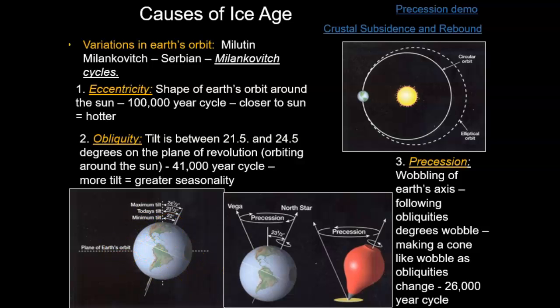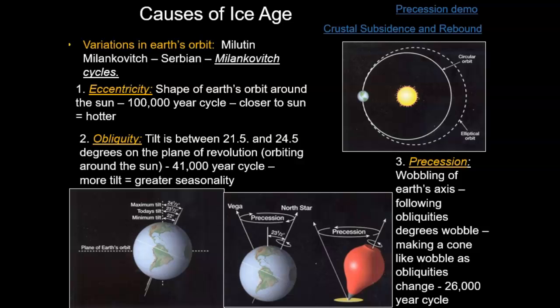The third element he used was precession, which is the wobbling of the Earth's axis, represented by this bottom middle image. By this formulation, the three variations in the Earth's orbit are called Milankovic cycles, after the Serbian astrophysicist who came up with them.